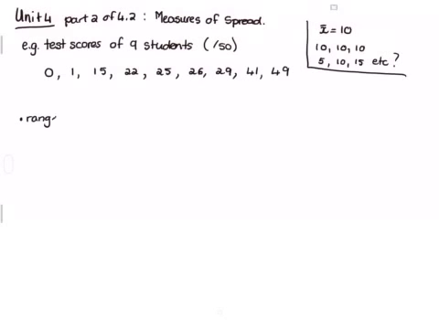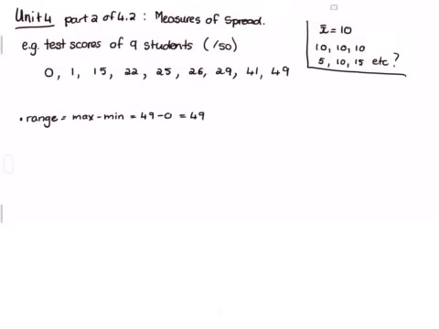One measure of spread is the range, which is simply your maximum minus your minimum. In this case, 49 minus 0. So we know that the test scores are spread over 49 marks.